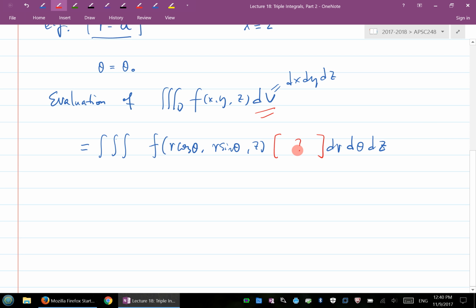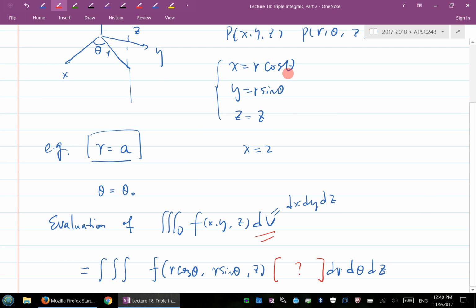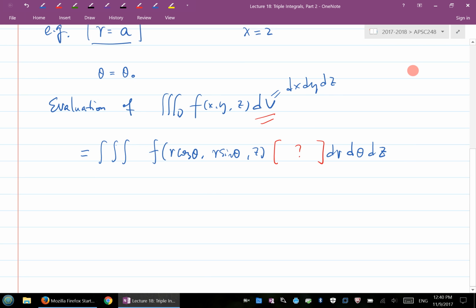That question mark, if you recall, we can find using the determinant of the Jacobian matrix. If you look at the connection between the polar and the Cartesian coordinates, x equal to this, y equal to this, z equal to this, let's find the question mark.